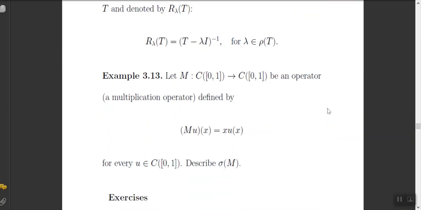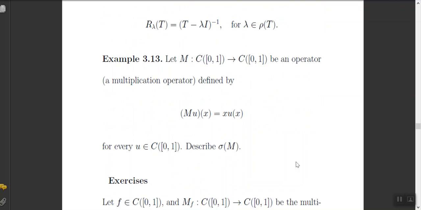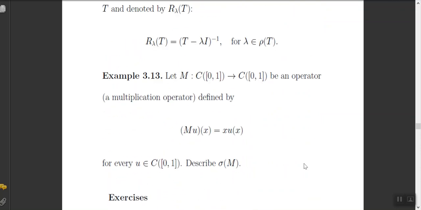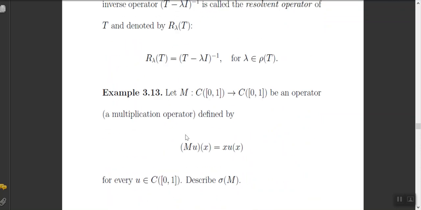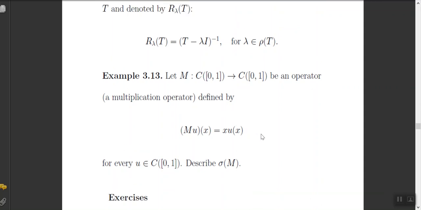Okay, look at here. Next we have a very important and interesting example about the spectrum of bounded linear operators on infinite dimensional spaces. What is this C of 0 and 1?